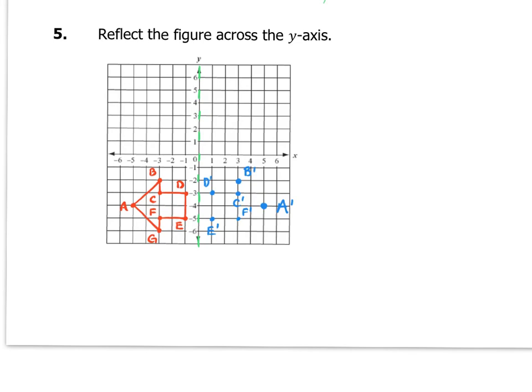And then finally point G, -3, -6, goes to 3, -6, and becomes G prime. So now we have the following figure. It's still an arrow, but now you can see this arrow is reflected on the other side of the y-axis.